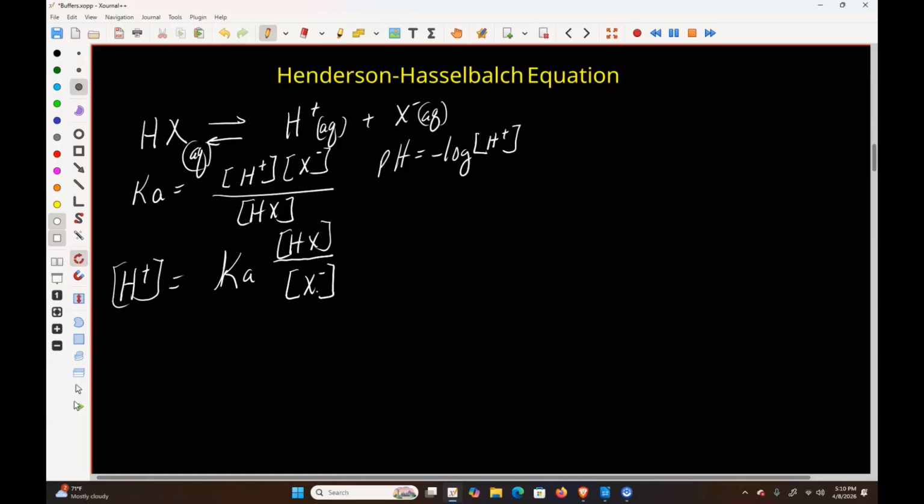Okay, let's take the log of everything. So the log of H plus equals the log of Ka times the ratio of the concentration of HX over the concentration of X negative.